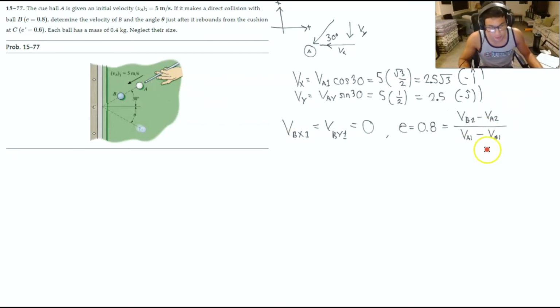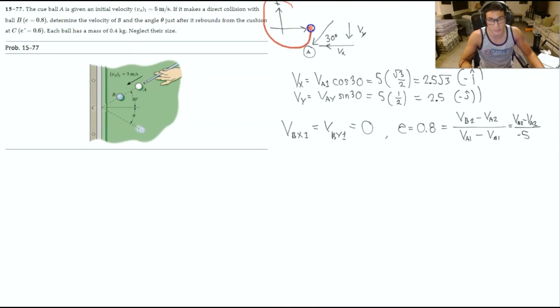Now, the only thing we know right now is VA1 and VB1, which initially VA1 was traveling with 5 meters a second. And then VB1, we know that's 0. Now if we use our equation, and by the way, it has to be negative, because we defined our axes as this, so it's -5.